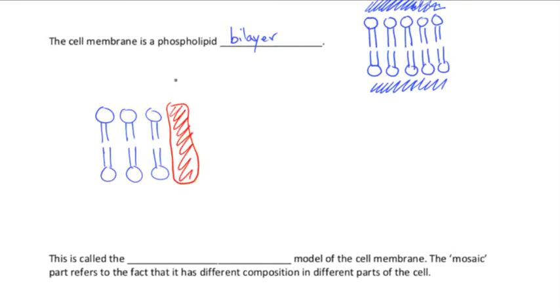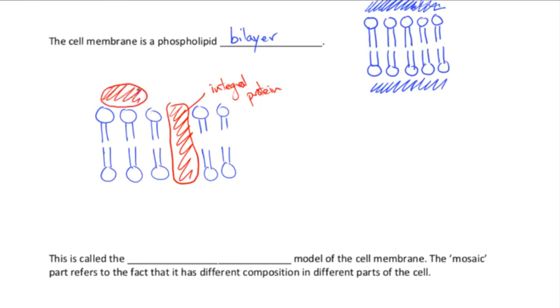So if there are phospholipids on either side like this, there's a protein in the middle, and this is called an integral protein. A protein that is embedded right in the membrane. This is an integral protein. We could also have proteins that are just on the periphery, like this. This would be called a peripheral protein, and those are the two major classifications of membrane proteins, peripheral and integral.